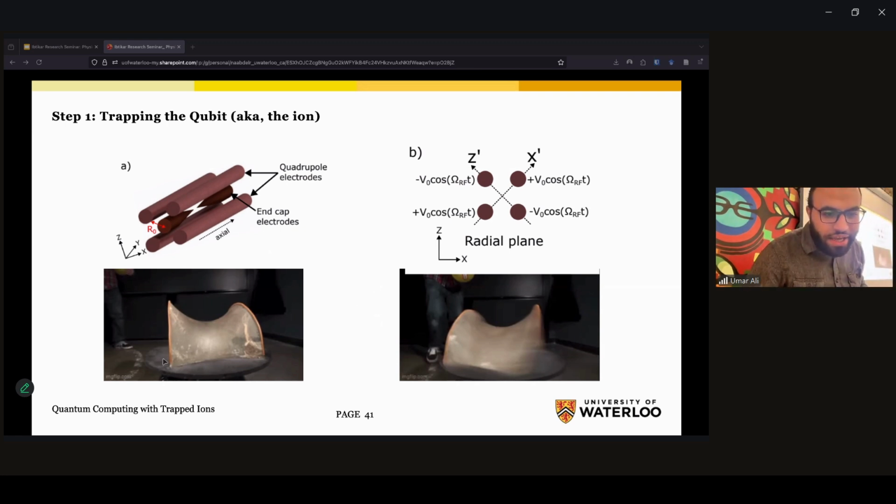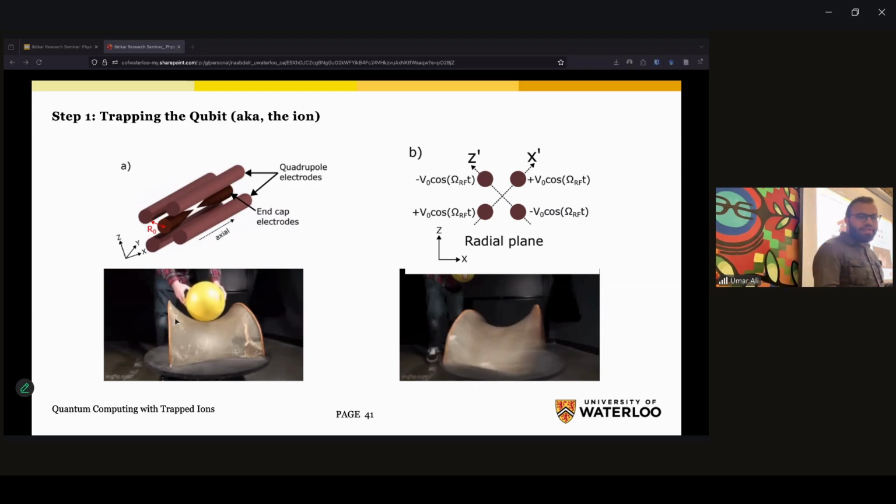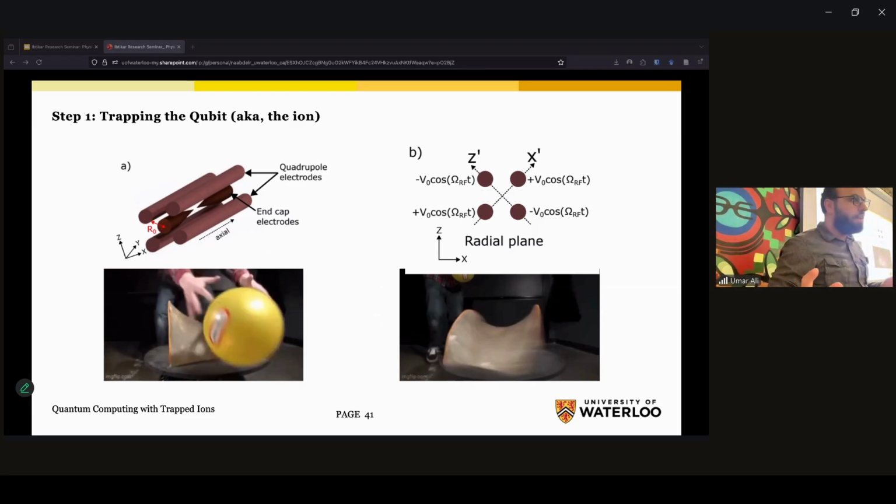Basically, if you do what's over here, you will see the ion is trapped between all of those positive electrodes, but you'll see it's just tripping out. However, if I make two positive and then two negative and have the ion in between, and make the two negative alternate with the two positive, I can get an effect like here.